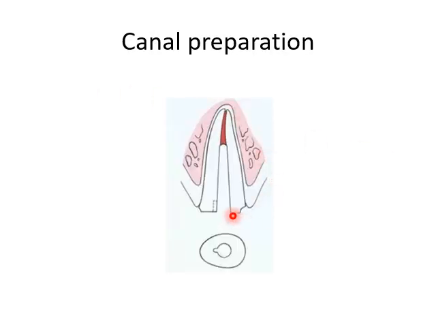The canal preparation starts with a radiographic check of the length, width, and shape of the root, and the quality and type of the filling, especially in the apical third of the root canal.